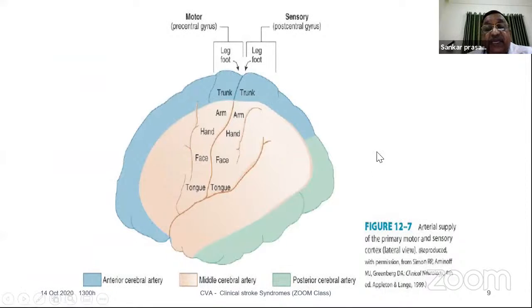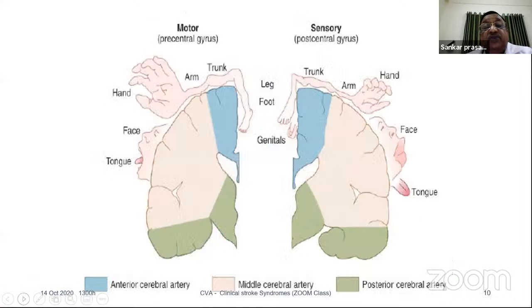And if you look at the distribution of the system, you see the anterior cerebral artery supplying the medial aspect and a strip on the lateral aspect also. Most of the lateral surface is supplied by the middle cerebral artery, and the posterior cerebral artery supplies this much area. So these areas are to be mentally remembered for future learning.